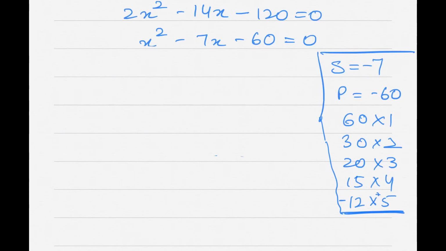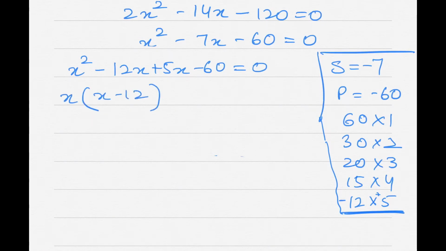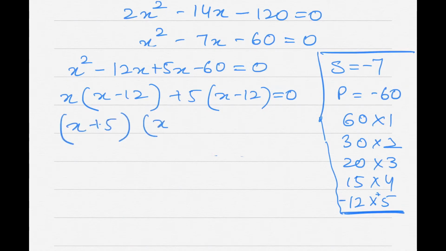Okay, now splitting the middle term, I have x square minus 12x plus 5x minus 60 is equal to 0. So x is common here, x minus 12 plus 5 is common, x minus 12 is equal to 0. So my factors for this equation are x plus 5 and x minus 12 is equal to 0. So therefore x would be equal to minus 5, or it would be equal to 12, right?